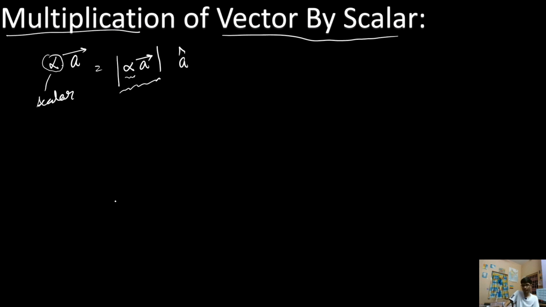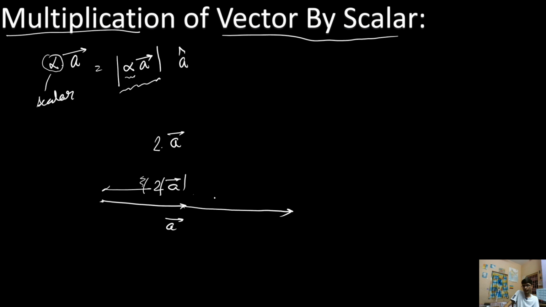The magnitude of the vector changes by alpha times that modulus, but the direction remains the same. So if there is a vector a directed in this fashion, and I want to know the value of 2a, I will extend the vector in the same direction such that the magnitude becomes 2 times the modulus of a.